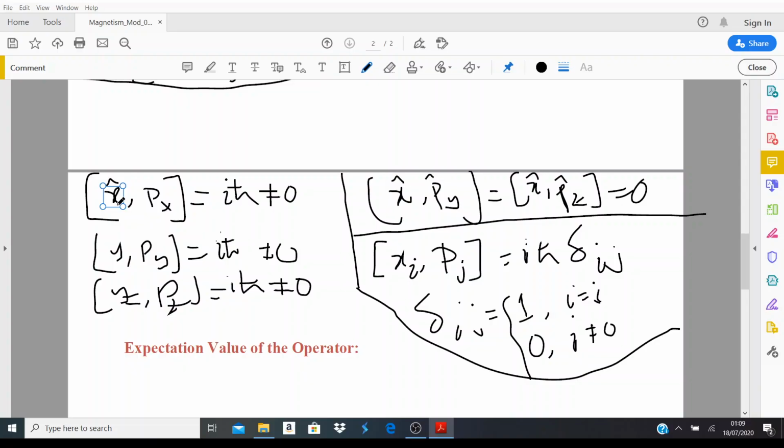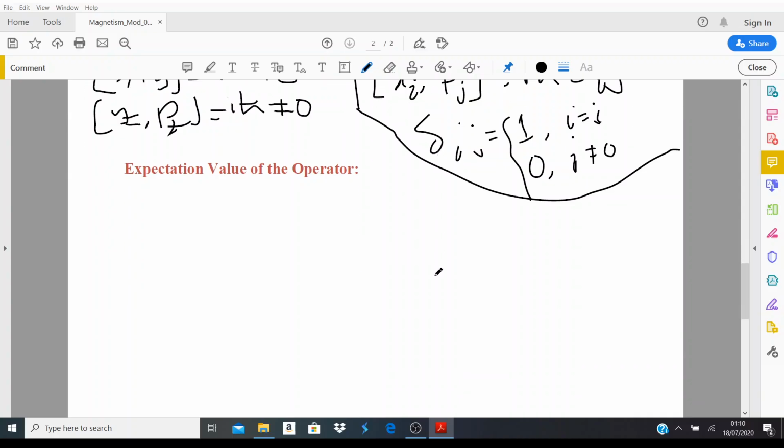You cannot measure them with arbitrary precision. That's why for non-commuting observables, the Heisenberg principle applies. But if the operators commute, there is no Heisenberg uncertainty principle. For example, x and p_y: if you want to measure the x position and the y component of the momentum, you can measure them with arbitrary precision, right? This is very important. There are deep consequences, but let's not worry about them for this course.